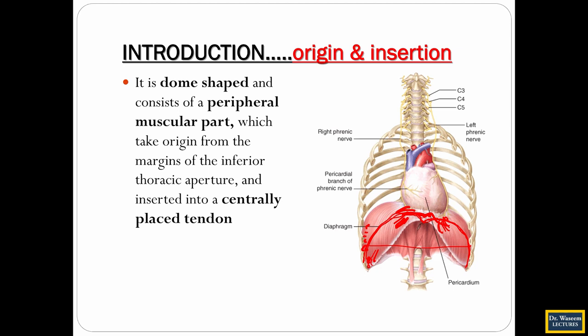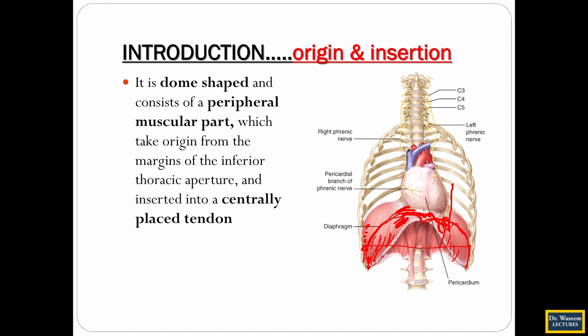These muscles take origin from various parts of the thoracic cage, and are inserted where your thoracic cavity finishes, where the inferior thoracic aperture comes. Whatever bones form the boundaries of the inferior thoracic aperture offer attachment to the muscles which constitute the diaphragm.